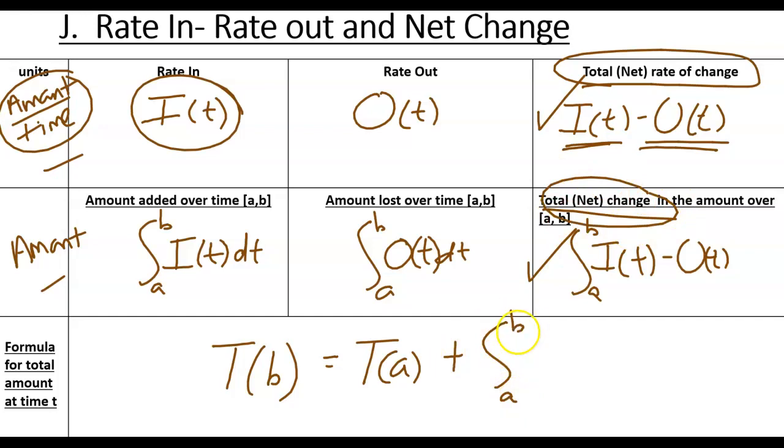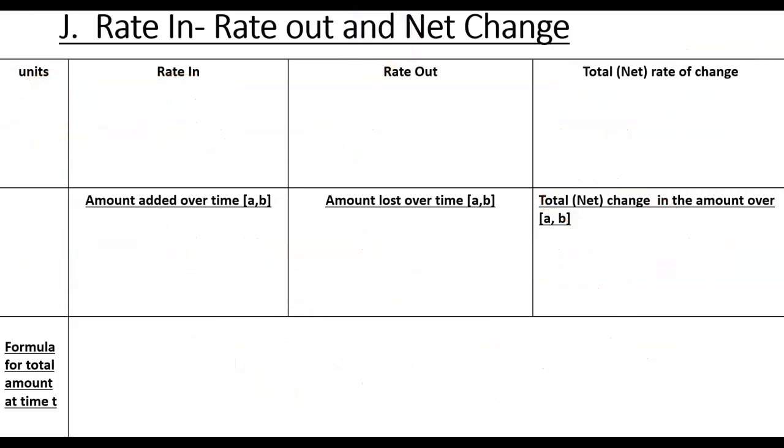In other words, how much the water changed based on how much was going in and how much was going out over the time period in question. And so this is our total amount formula. And you'll notice this looks a lot like the position formula for motion problems, and it's because they really are the same thing. One's just talking about distance and speed, whereas this one's talking about a quantity of something else over time. It's the same idea though.